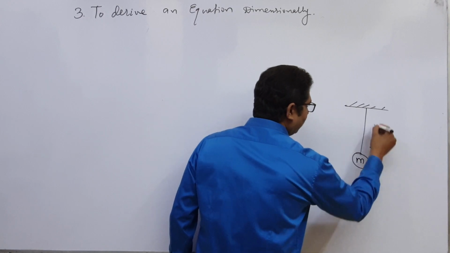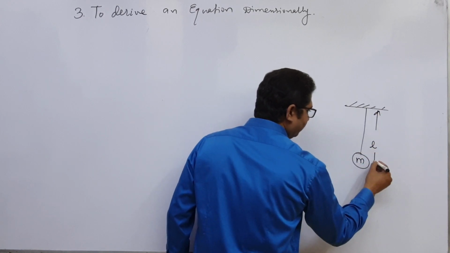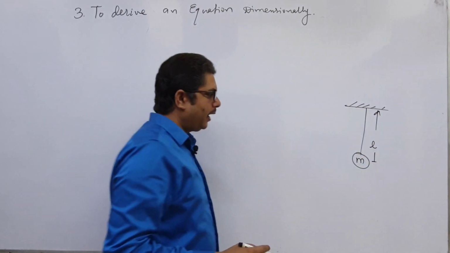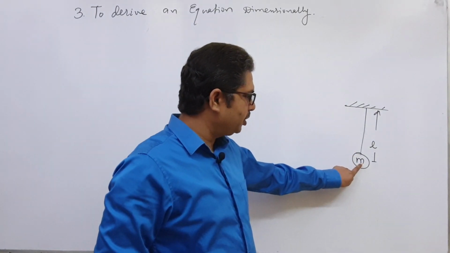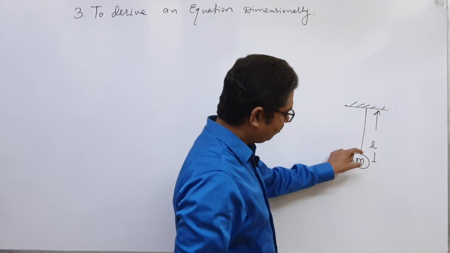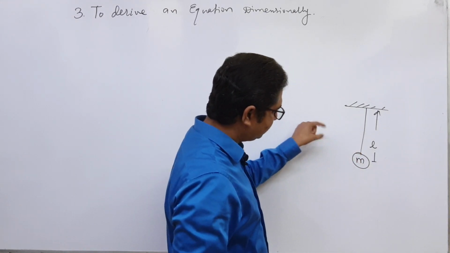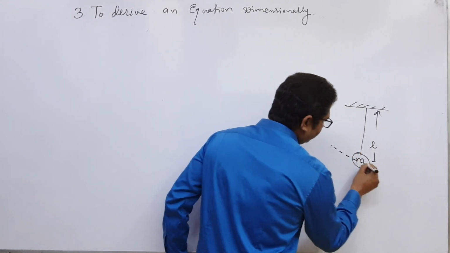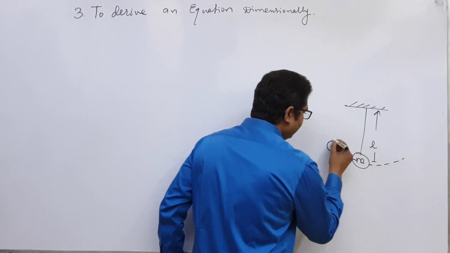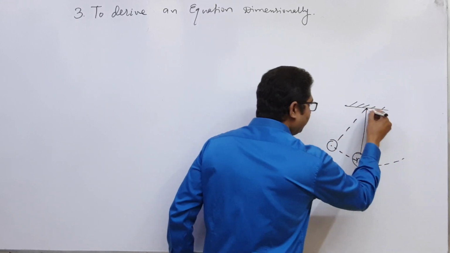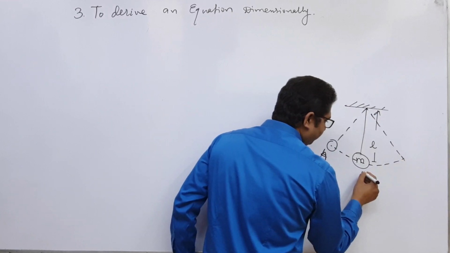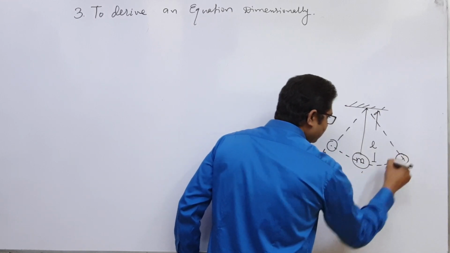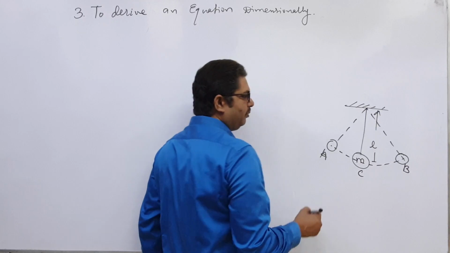This is the length of string, and this is said to be the mean position, and when you hold it and bring it to this point, it moves to this point. This is said to be the extreme position. A and B are extreme positions and C is said to be the mean position.